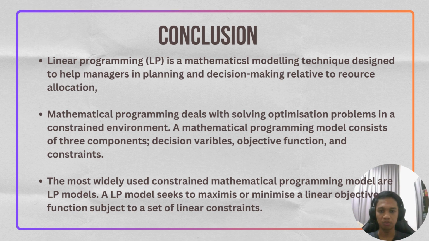A mathematical programming model consists of three components: decision variables, objective function, and constraints. The most widely used mathematical programming models are LP models. An LP model seeks to maximize or minimize a linear objective function subject to a set of linear constraints.